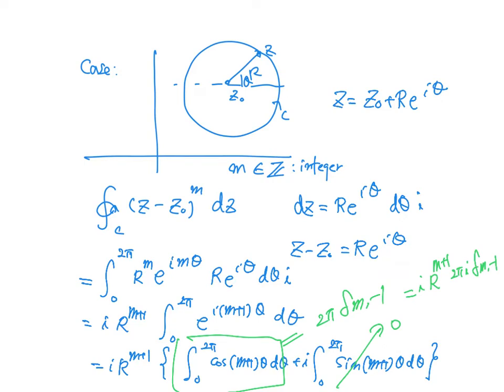And when m is minus 1, r to the 0 becomes 1, right? So the only meaningful result is 2 pi I when m is equal to minus 1, and I think I have I twice, so we don't need I here. So this result is actually 2 pi I delta m minus 1.